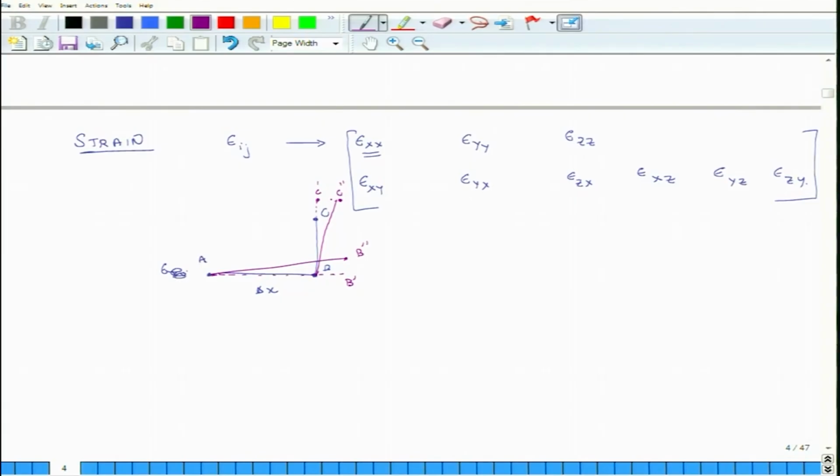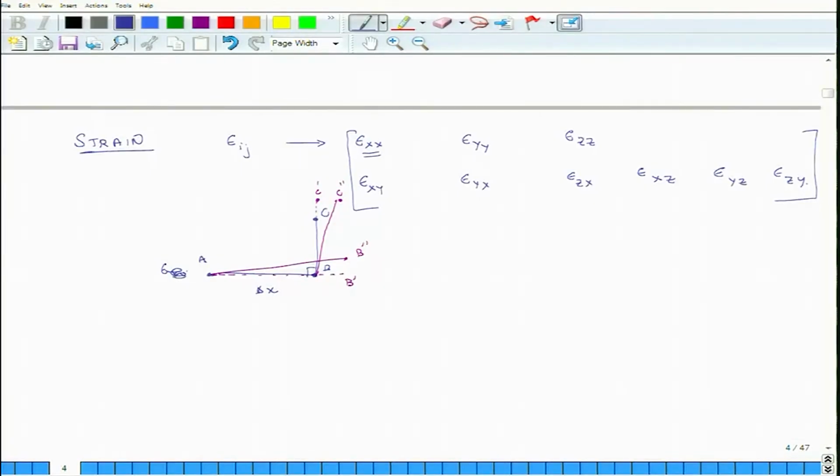Consider that initially AB and BC were at 90 degrees. So, you can have two sticks at 90 degrees with respect to each other, and then I stretch the first stick and also rotate it, and I also stretch the second stick and also rotate it. What is happening is that the line element AB is becoming longer and getting rotated, and the line element BC is getting longer and also getting rotated, but they need not rotate by the same amount.